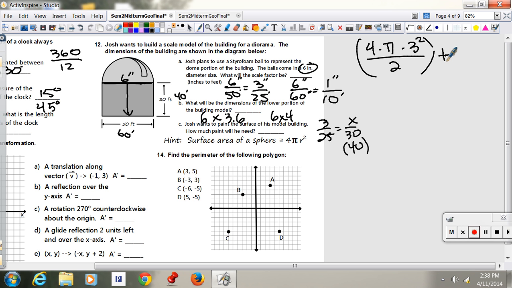You're going to add to it the cylinder, just the lateral area of the cylinder, not the top and the bottom of the cylinder. So you're going to do 2 times pi times radius times the height of 3.6, or the height of 4 if you're using a B or a D test. So on an A and C test, it was 3.6 here. B or D test, it was a 4.